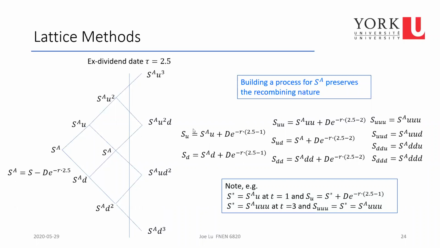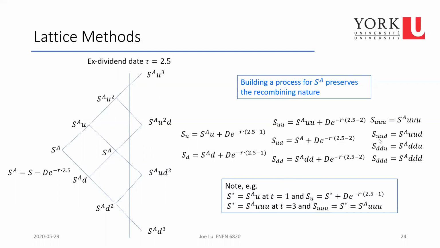So the actual stock value is this at this point. And the actual stock value at this point is this SD here, which is this value of SA times D. You add back the present value of the dividend. And for those 1, 2, 3, the actual stock price values are given by this. So here you only discount that by 6 months.